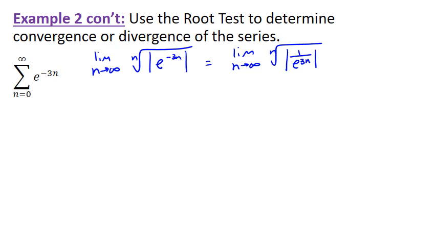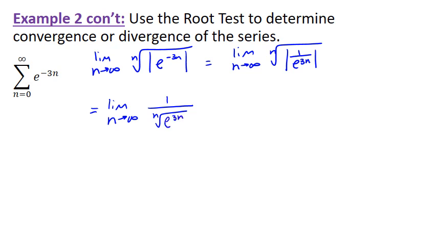Now, remember, anytime you have a radical, you can take the radical of the top and the radical of the bottom. Well, the nth root of 1 is just 1. So this limit, if I take the nth root of 1, I get 1 over the nth root of e to the 3n.